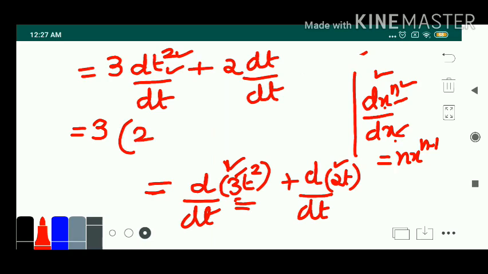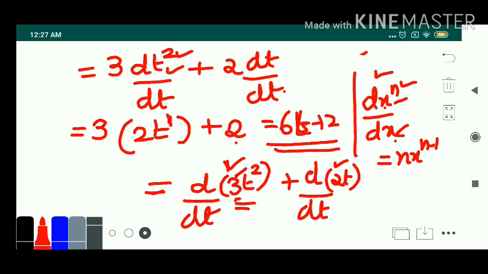In place of x, it is t. And in place of n minus 1, it is 2 minus 1, that is 1, plus what is dt by dt? 1, right? So you'll get the value of 6t plus 2. That is your answer, right? So differentiation of 3t squared plus 2t is 6t plus 2.